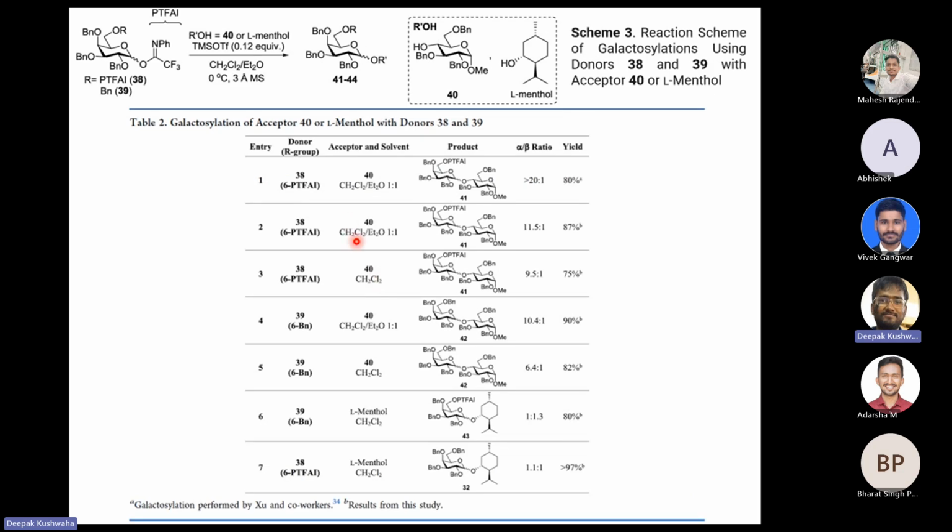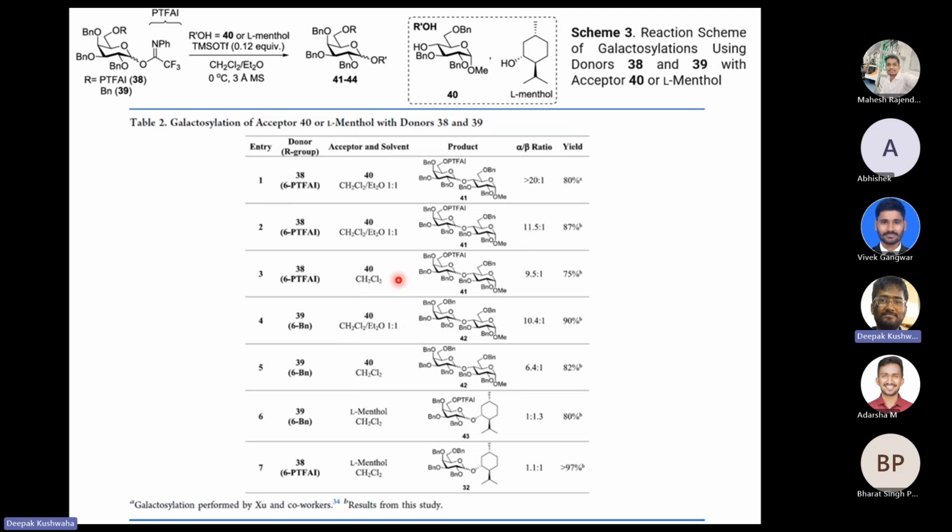They are using their own, DCM and diethyl ether, adding diethyl ether. As we know, DCM is a non-participating solvent, so they added a participating solvent. In that case, they get better alpha selectivity than in the case of DCM alone. In both cases, the moment they add diethyl ether, there is slightly better selectivity.